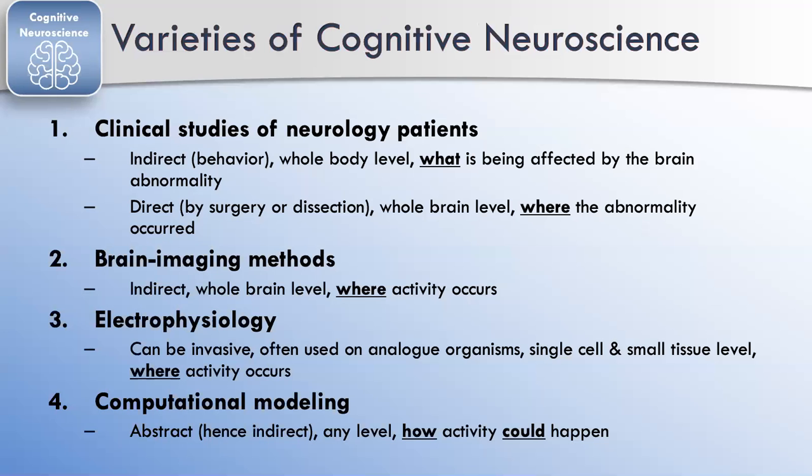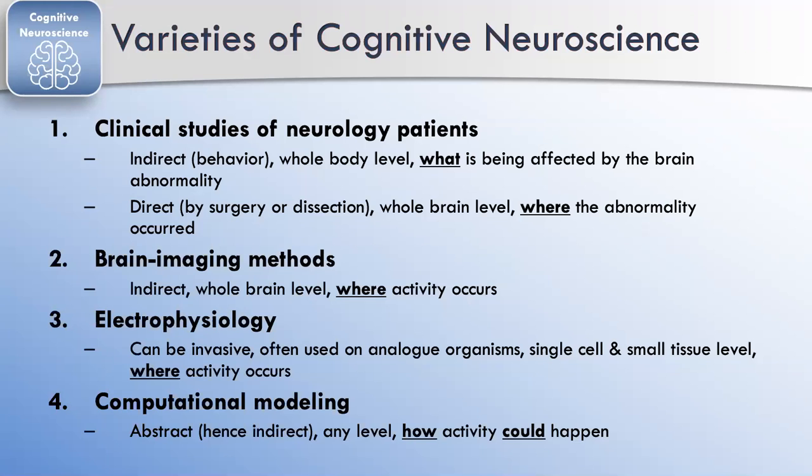Okay, so we talked about varieties of cognitive neuroscience: clinical studies, brain imaging methods, electrophysiology, and modeling. And you'll notice that I underlined and bolded the different questions that are going on here. So what is being affected, where in the brain something occurs, where activity is occurring, how something could happen.